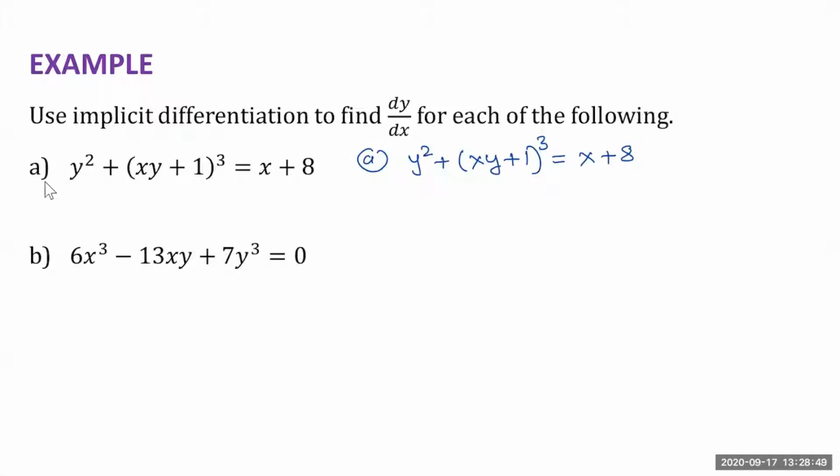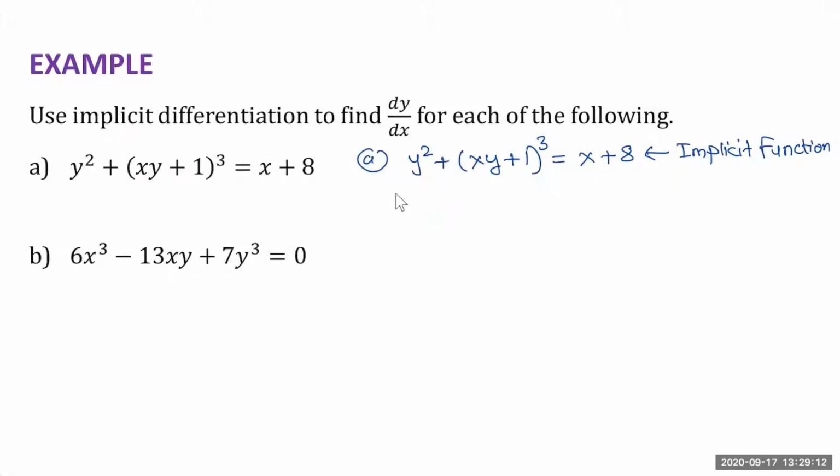We have to find the derivative dy over dx. Now you can see you cannot solve this function to find y by itself. That's why this is an implicit function.